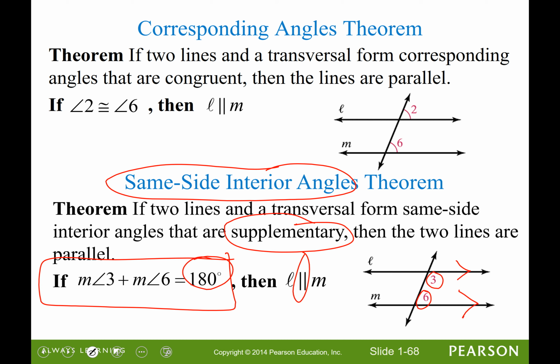There's no real geometric code for those two angles being supplementary. So you just have to show it through an equation that they equal 180, and that'll allow you to conclude that the two lines are parallel. So, same side interior angles theorem. All right, so we have 3 theorems now that allow us to prove two lines are parallel.